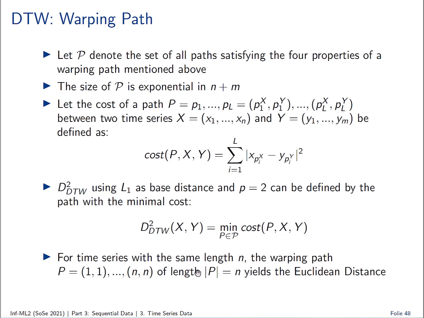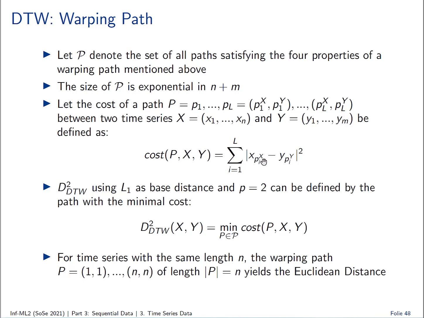Just a comment down here. For time series with the same length, the warping path which just has 1,1, 2,2, 3,3, 4,4, up to n,n, so the warping path length is n, yields the Euclidean distance, because we just sum up. So the cost is just the sum of the corresponding values.